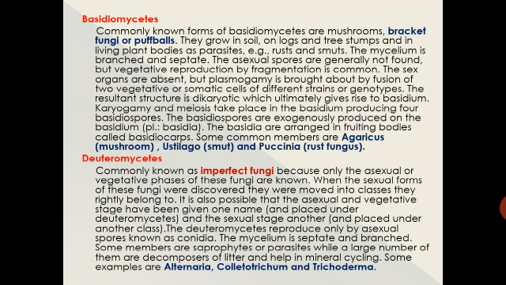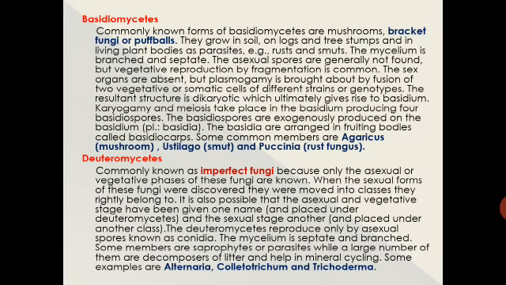Some members are saprophytes and parasites, while a large number of them are decomposers of litter and help in mineral cycling. Some examples are Alternaria, Trichoderma, etc. Important question for 1 mark: why are they called imperfect fungi or fungi imperfecta? Because only the asexual or vegetative phase of these fungi is known.